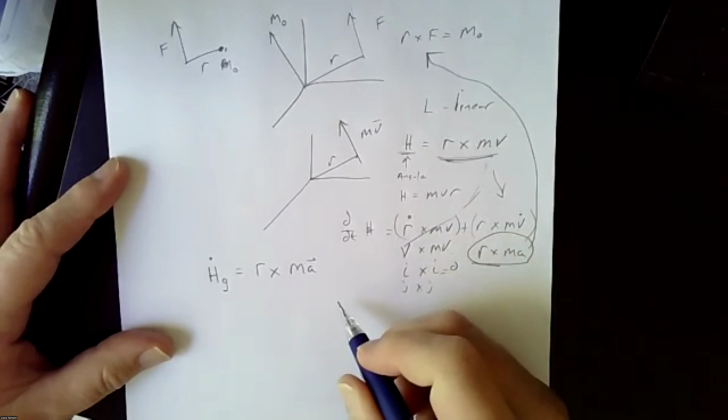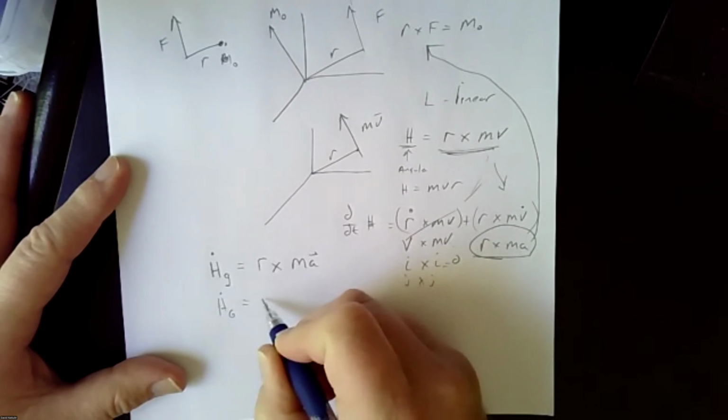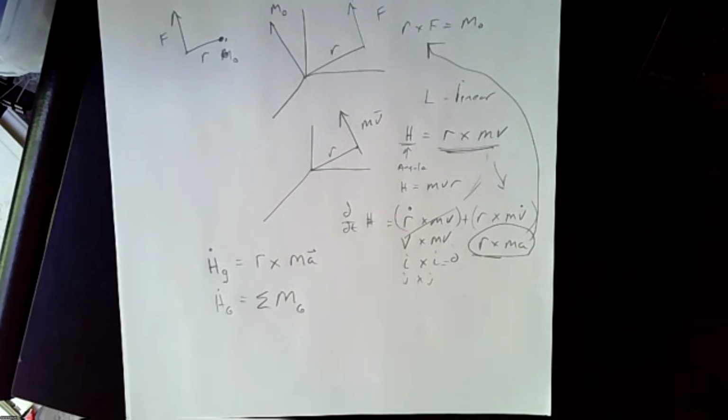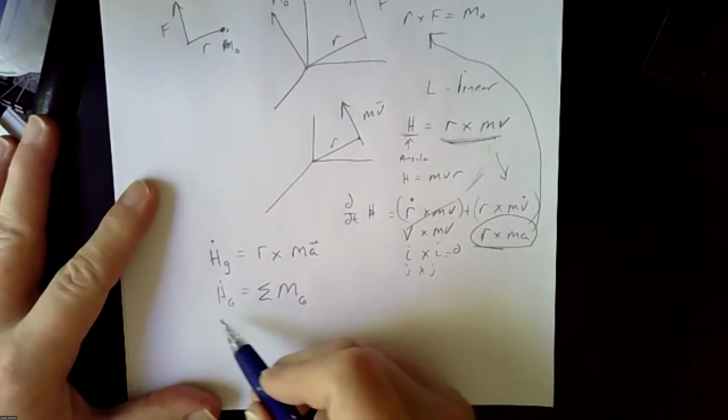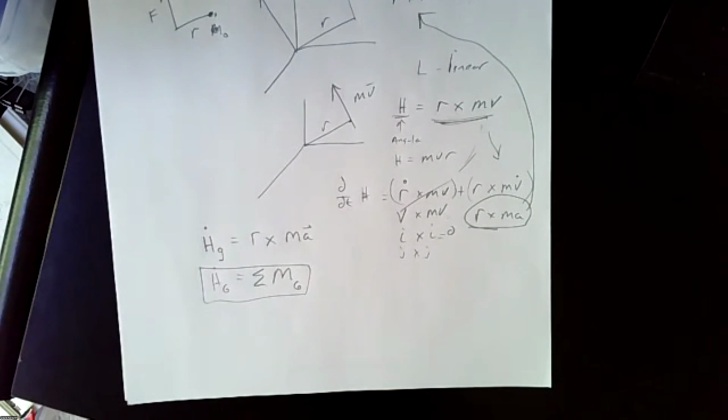Or H dot G equals the sum of the moments about G. And that's it. That's really the main point that we'll be using. We'll use it over and over again, but we'll come back to it.